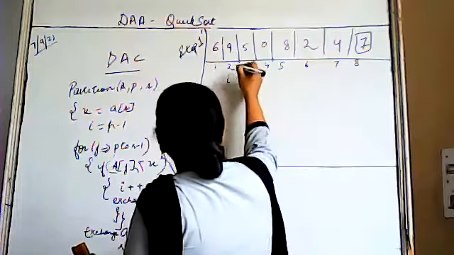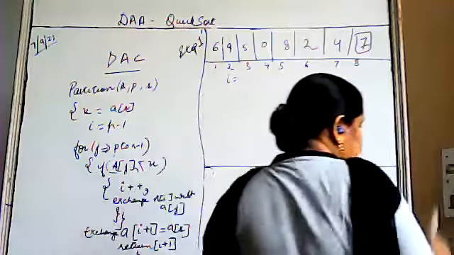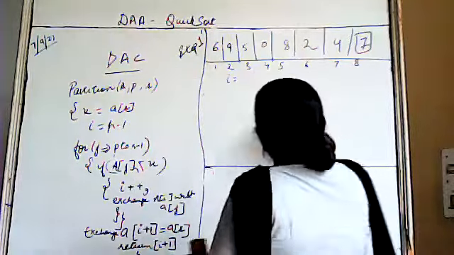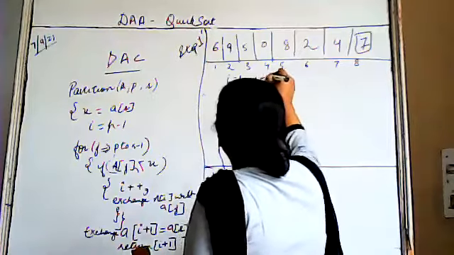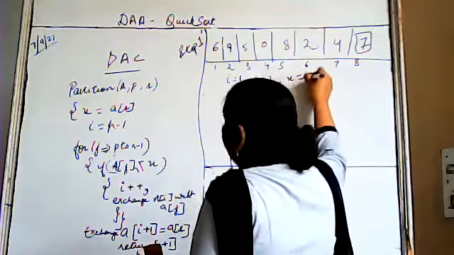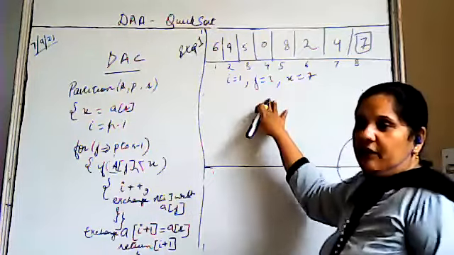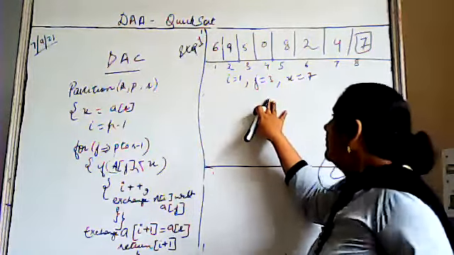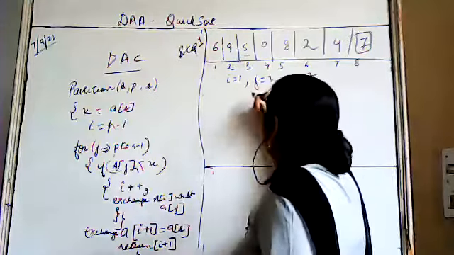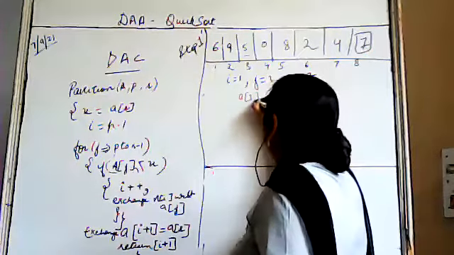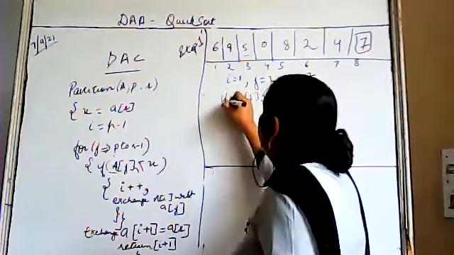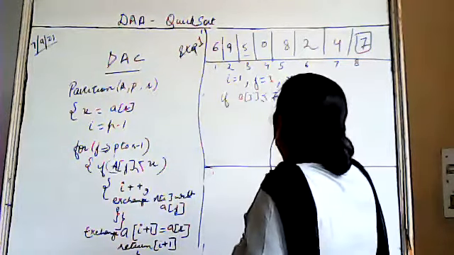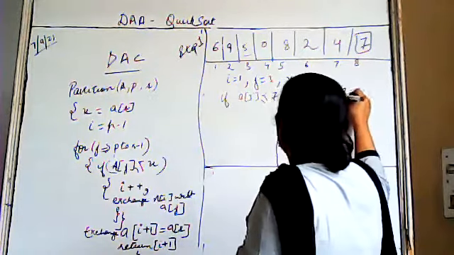For i is equal to 1, j is equal to 3, and x is equal to 7. You will check if a of j is less than or equal to x. So a of 3 is 5. 5 is less than 7. Condition true.